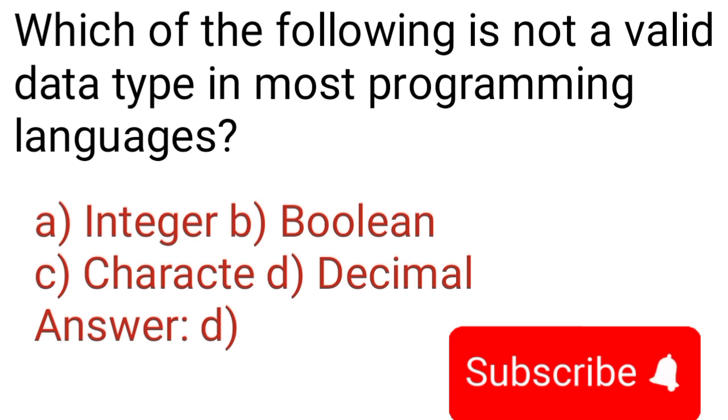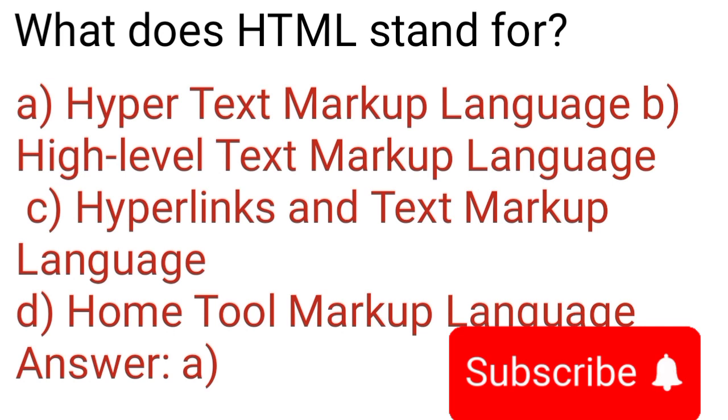Which of the following is not a valid data type in most programming languages? Integer, Boolean, character are valid, and decimal is not.